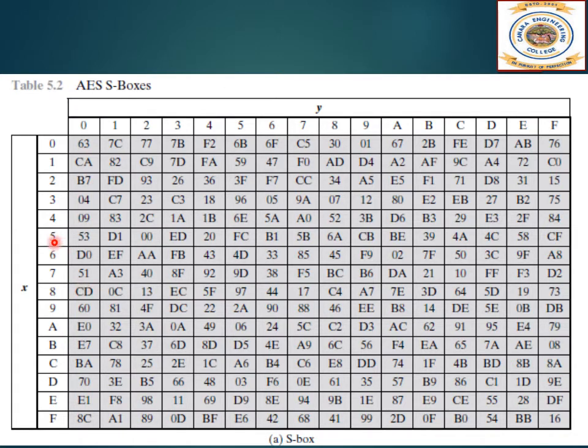So 5 is the row and C is the column. Here we have 4A. And next we have F0. F is the row and 0 is the column, so we have 8C. So all the 4 elements, we know how we got them. Similarly, you can try for the remaining columns and rows as well. I hope it is clear how the substitution is done.